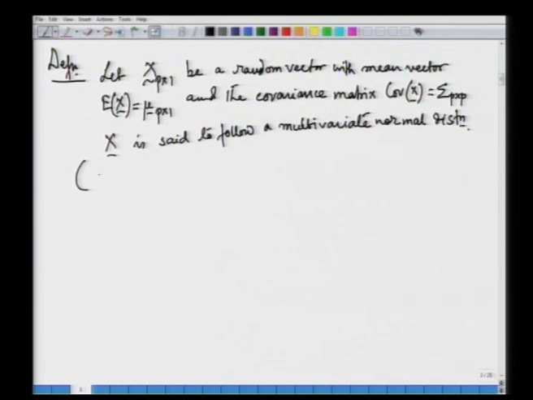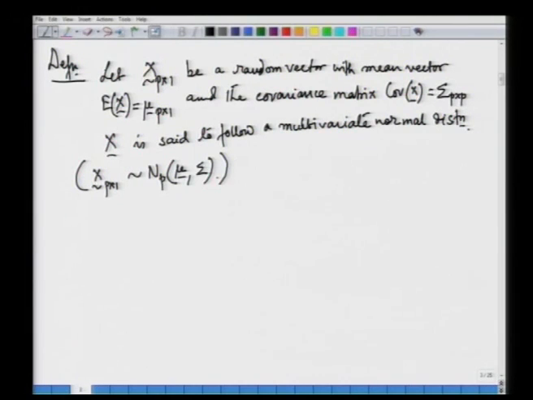For the notation, we say that x, the p dimensional random vector, is following a p-variate normal distribution. So, we use this p as a subscript here with the parameters mu and sigma, mu being the mean vector and sigma being the covariance matrix.